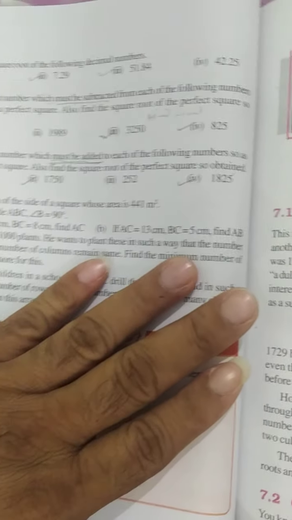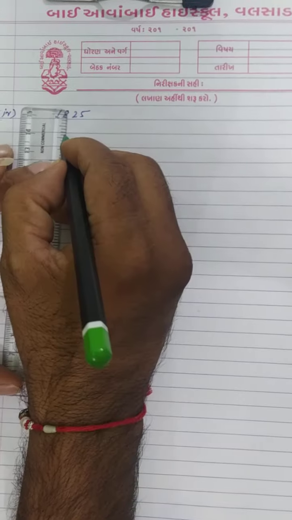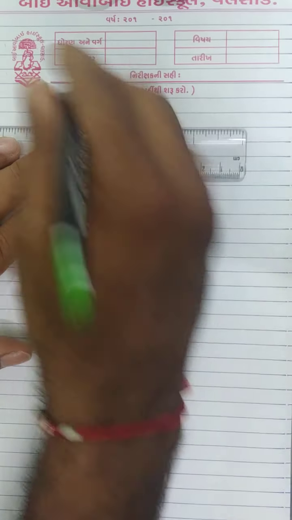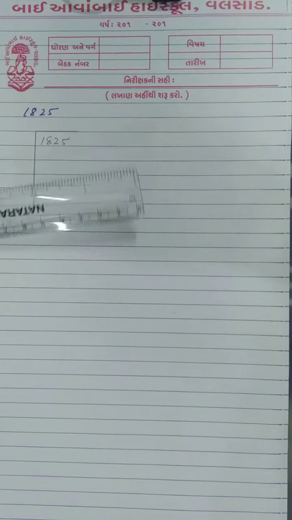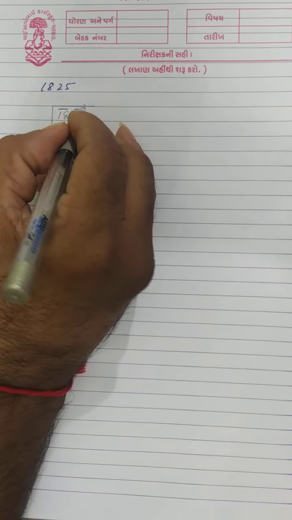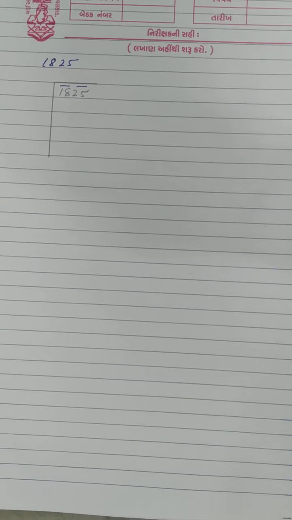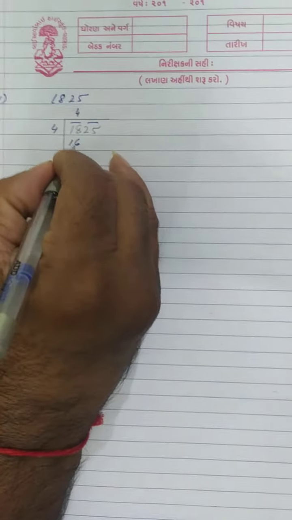Example number 4, 1825. Make pairs of 2. See, the first pair is 18. So it is divided by 4, right? 4 4s are 16.